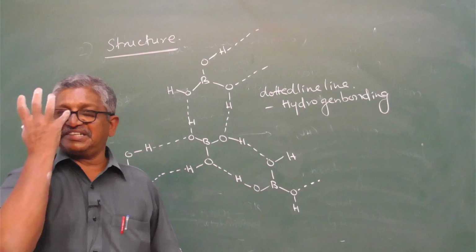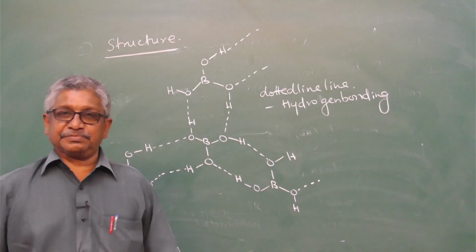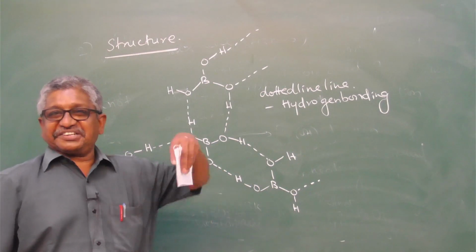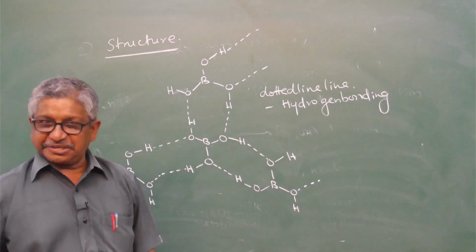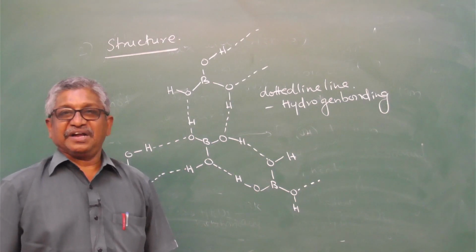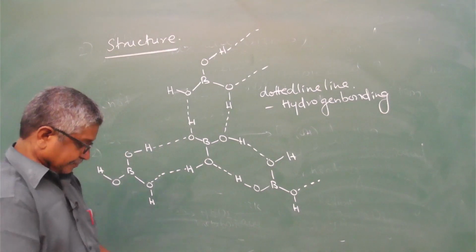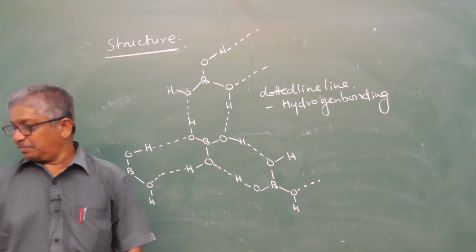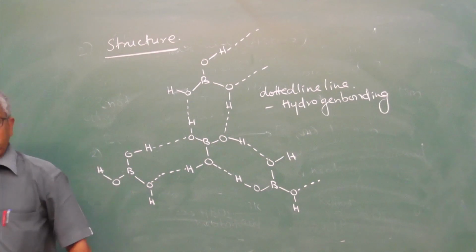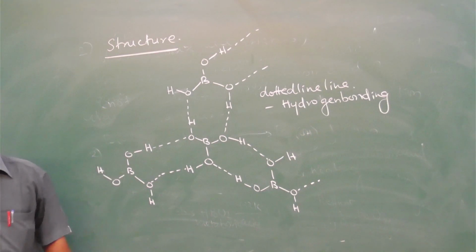Oxygen is the electronegative atom. The electronegative oxygen atom forms hydrogen bonding with the hydrogen of the boric acid compounds.